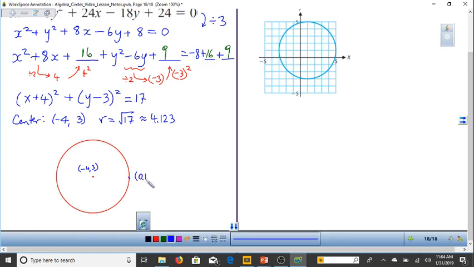And if you go over to the left, you get -8.123 comma 3.